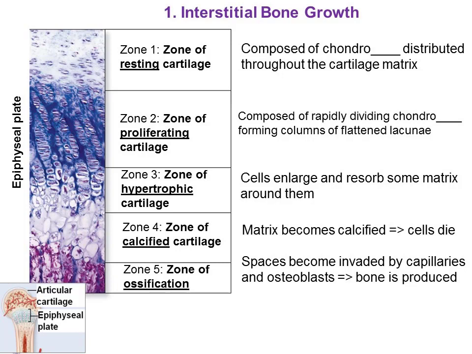So we can see differences in the histology of our cartilage in this particular section through our epiphysial growth plate. But this is going to be the area that looks most like cartilage because it in fact is. And this is your resting cartilage, or sometimes you'll hear it called the reserve cartilage. This is cartilage that's just hanging around doing its job. It's just cartilage, hyaline cartilage.